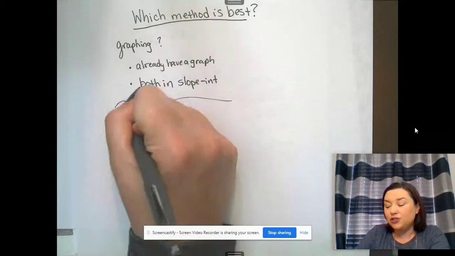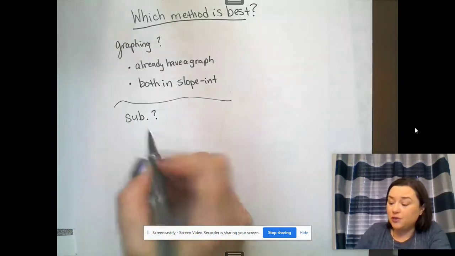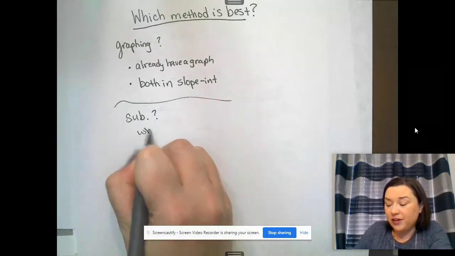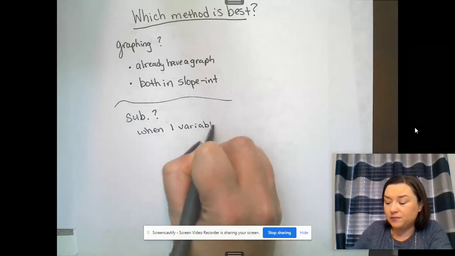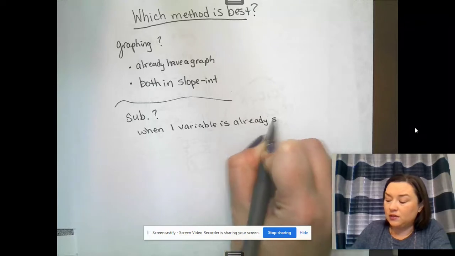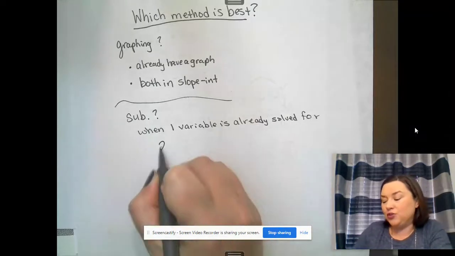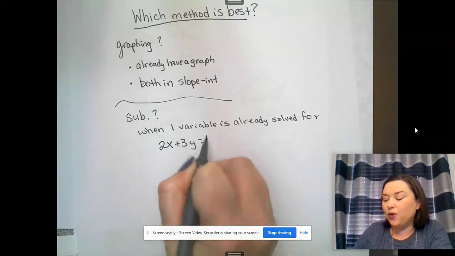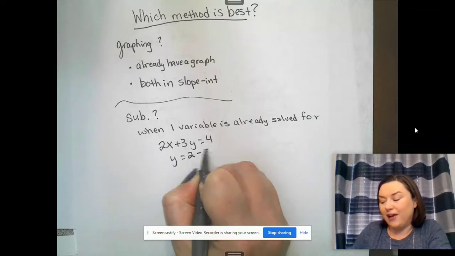So when should I use substitution? You should use substitution when one variable is already solved for. For instance, if I have 2x plus 3y equals 4 and y equals 2 minus 5x.